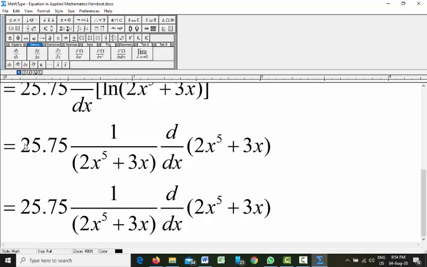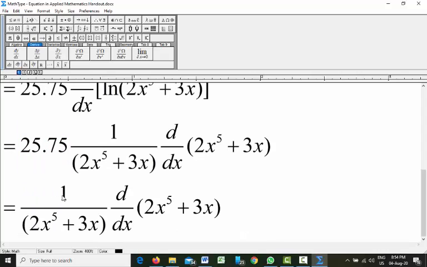This 25.75, we do not have anything below it, so it will be considered to be in the numerator. It will get multiplied by this 1, so we will have 25.75 in the numerator.